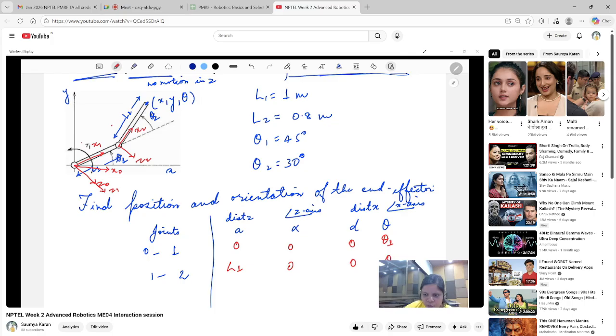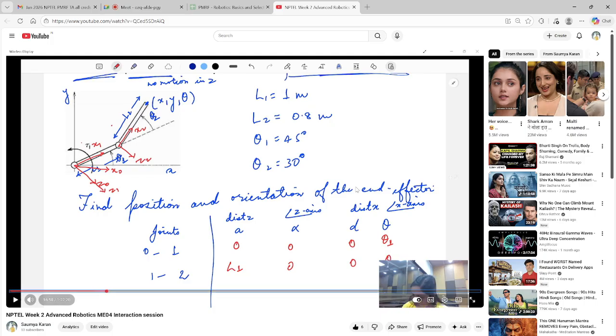So it is 0. Now, you see x1 is like this and x2 is like this, they both are intersecting, so the distance is 0, and the angle between x1 and x2 is theta 2. So this is your DH parameter table: a, alpha, d, theta. We'll write in detail also what it is, but you see how it is being done.